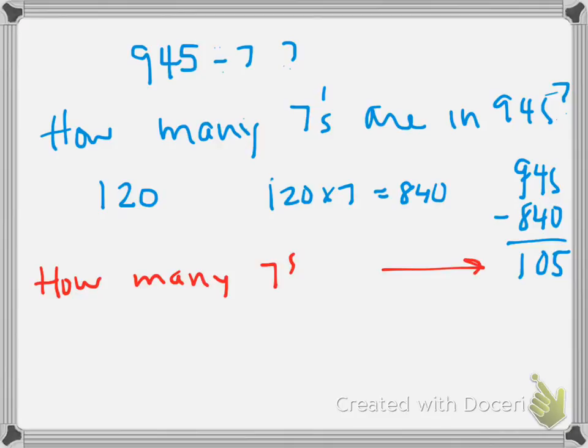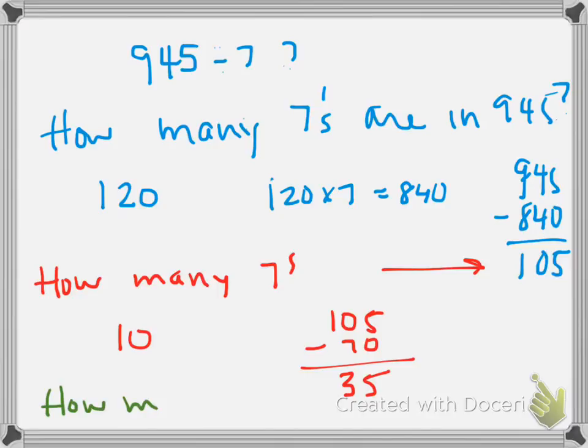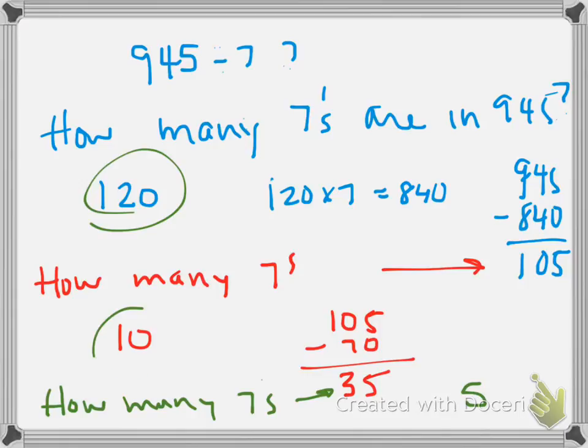I'm going to say 10, because it's a number I know nicely. So 105 minus 70 is 35 again. Okay, so then I go again, and I say, well, how many sevens in there? And I get 5. Now I add these up, 120 plus 10 plus 5 is 135, which is still my answer.